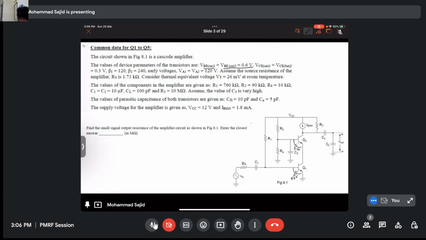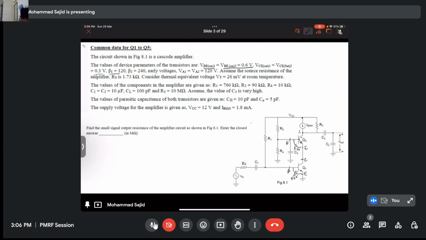And these are the saturation voltages for VCE. First things first, it is an NPN transistor. The positive bias is applied on this terminal, so this is collector, this is emitter. This is the collector for Q1, and this is the emitter for Q1. This is base.